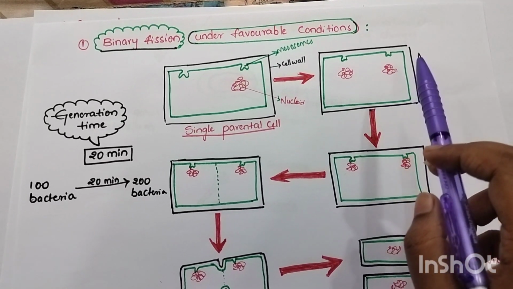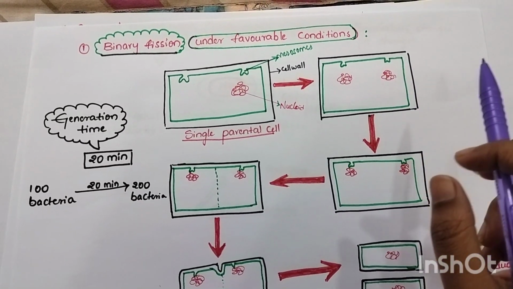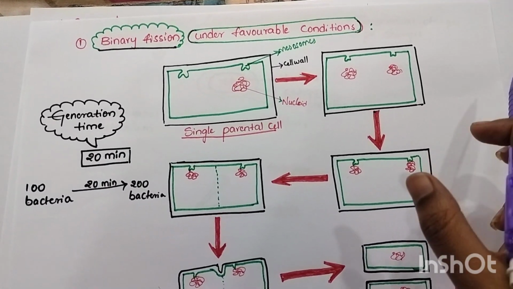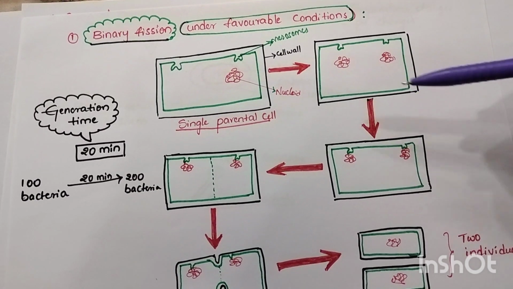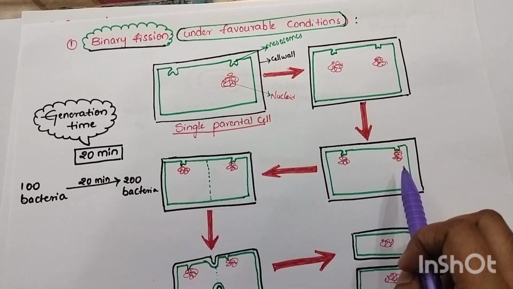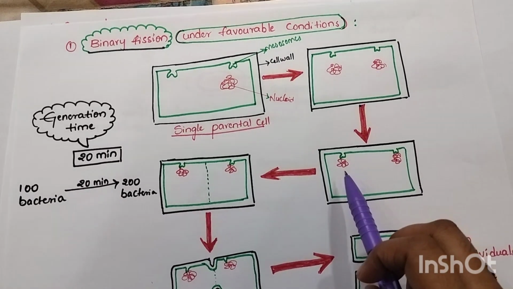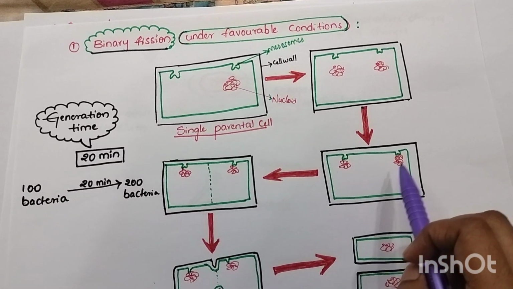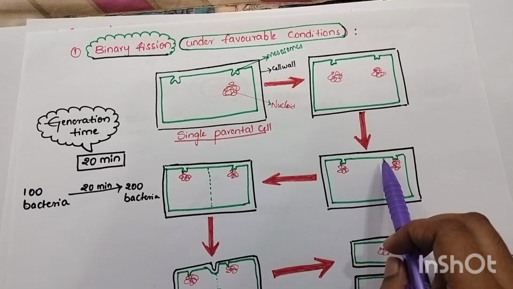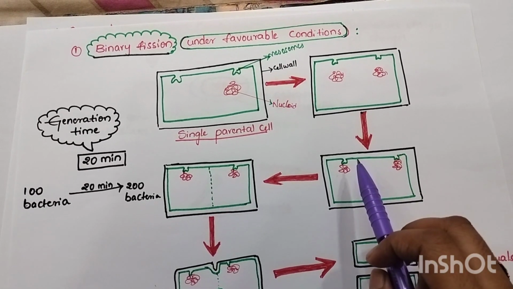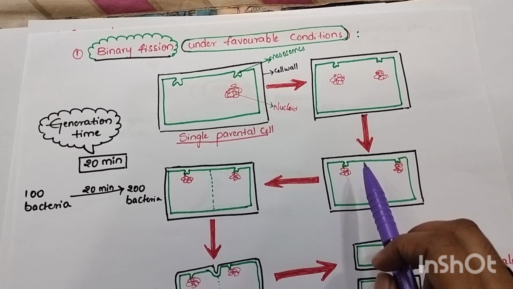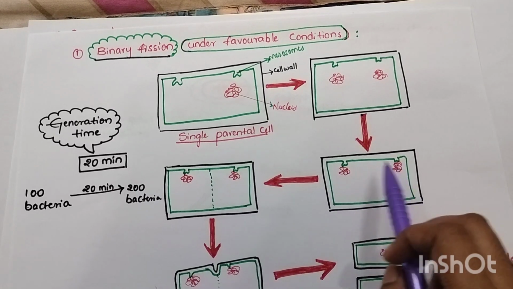Once the genetic material is replicated, of course the cell size will also increase. The cell will enlarge, and the replicated genetic material will move to the extreme ends. They move to the two poles, and they attach to the mesosomes of the plasma membrane. If we recall our previous video, we said that mesosomes are useful during cell division, and this is how they work.